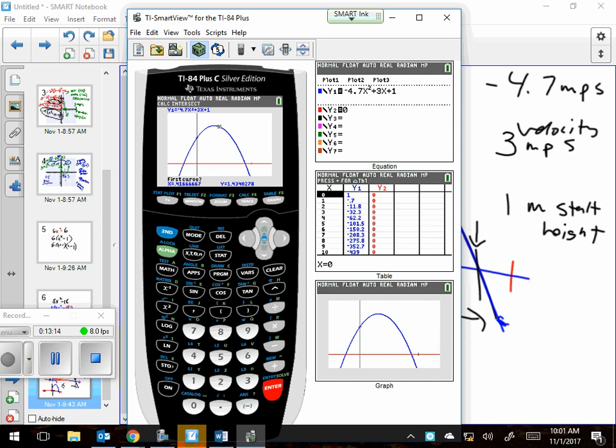Am I on the first of my two things that are going to intersect? Yes, so I can hit enter. Now it's blinking on this other one saying second curve. Well, it happens to be a straight line, but they call it curve. I wish they just said line, but technically the word line means straight line. That's why they defaulted to curve. Anyway, second curve, yeah. I hit enter.